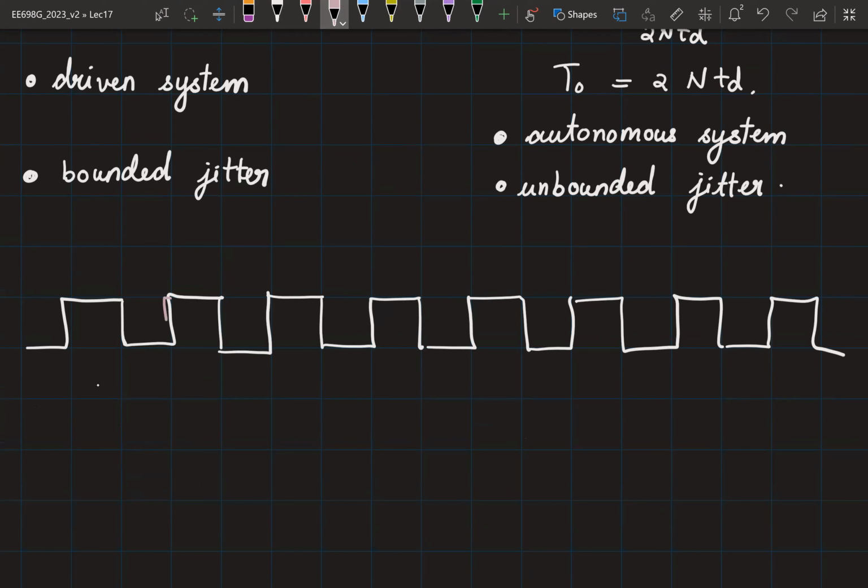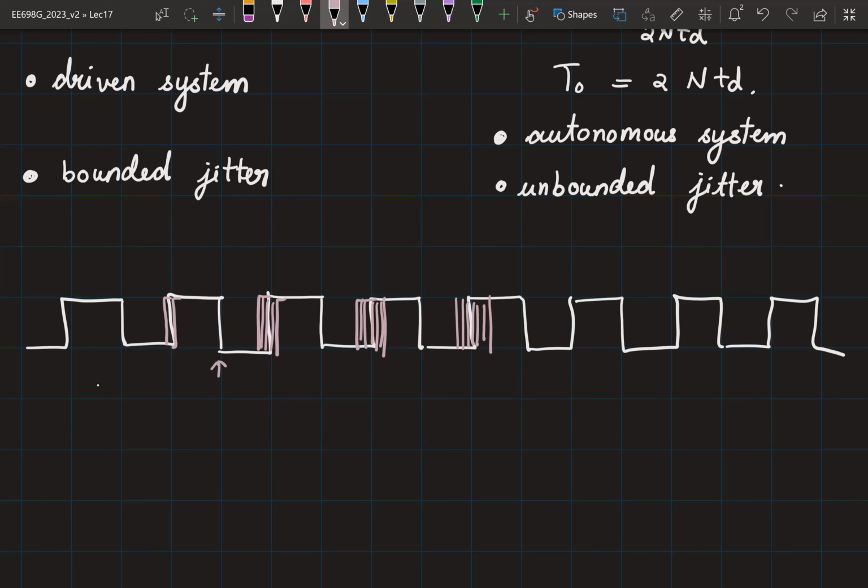The next edge will have some jitter, right? The edge after that, so this falling edge, will also have jitter. I'll just focus on the rising edges now. This is going to have more deviation in jitter. The next edge will have even more sigma, etc. So this is going to keep increasing. That is, it has an unbounded jitter.